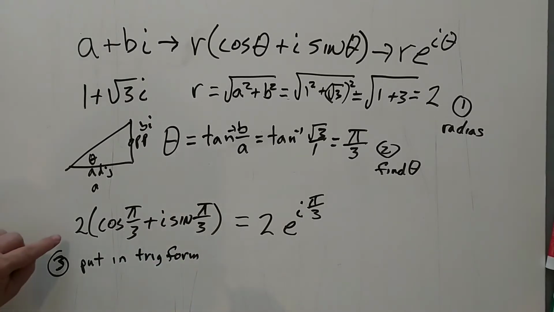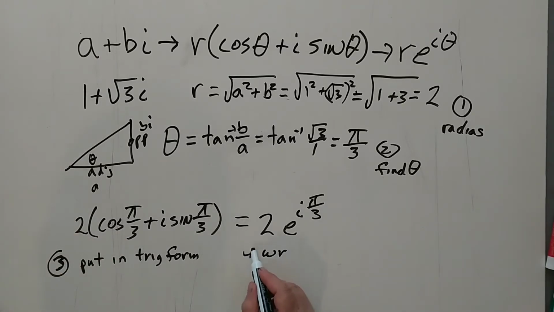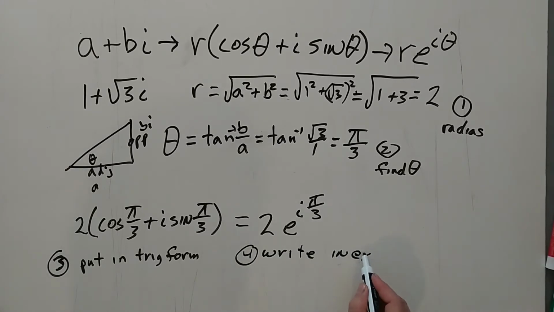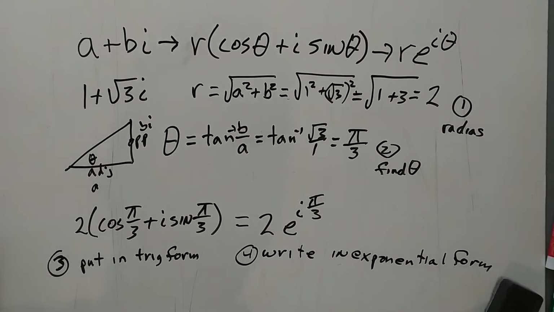And then here you can identify the radius and the angle, and then you can write step 4, write in exponential. Right? That's one example. Let me do another example just so that you see some more examples.